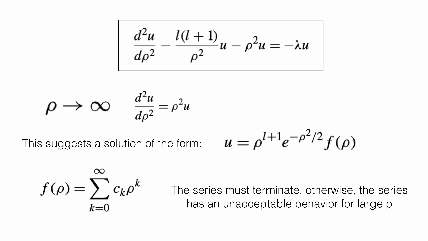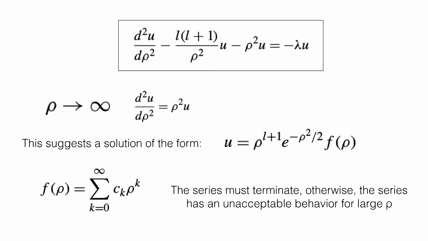The point is, when you solve this equation, when you introduce this f of rho inside the equation, you realize that the solution behaves as e to the power rho square. Therefore, it yields a full solution u that is not normalizable. Therefore, that series is not acceptable.